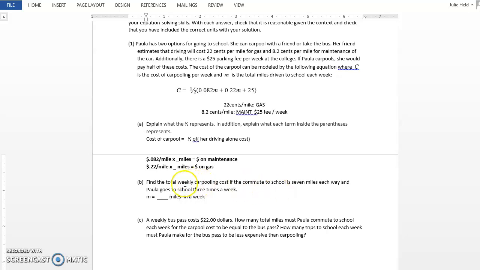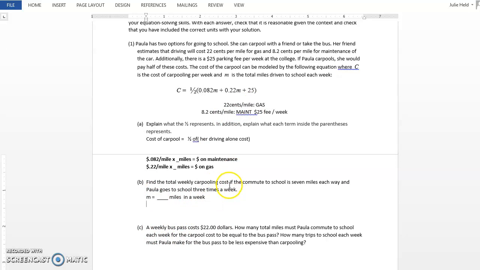Because it says to do the weekly carpooling cost. Now wait a second, I better go back. Okay, so remember that this calculation was supposed to be all for a week, right? Everything was what she does in a week. And as long as M is the miles that she drives in a week, then we'll be good to go. So how many is that?